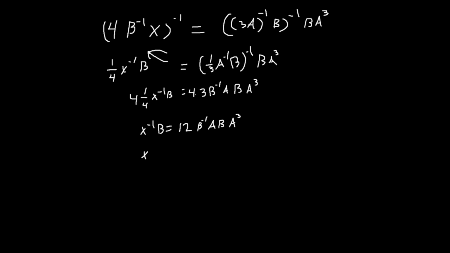So now we get x inverse equals 12, b inverse a b, a cubed, b inverse. Great, but we don't want to solve for x inverse, we want to solve for x. So we can take this whole entire thing and raise both sides to the inverse.